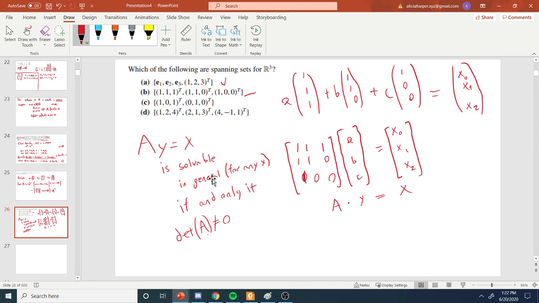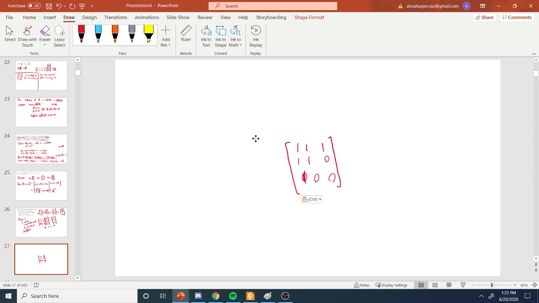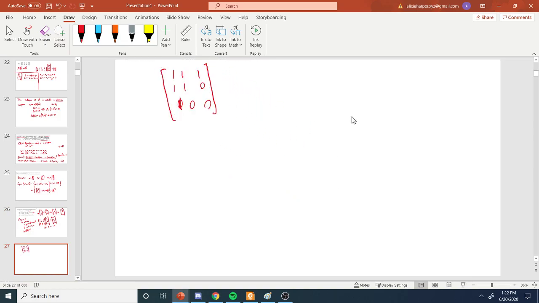So let's compute the determinant of this matrix. Let's set A here. I can compute the determinant of A via a cofactor expansion.